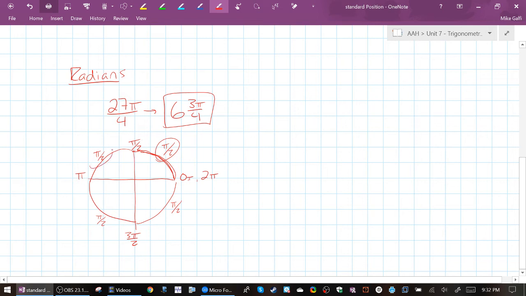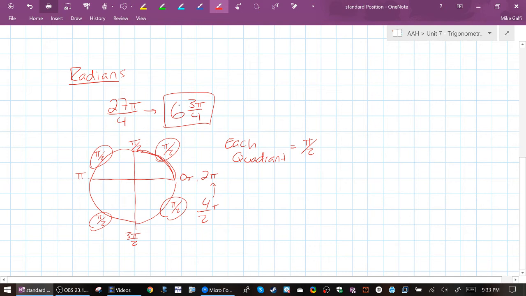That's 1, 2, 3, 4 halves, so 4 halves gives me 2 pi. Just so you guys can see how that works. So you have to remember each quadrant is equal to pi over 2. Keep that in mind because that's going to help us figure out how we finish.